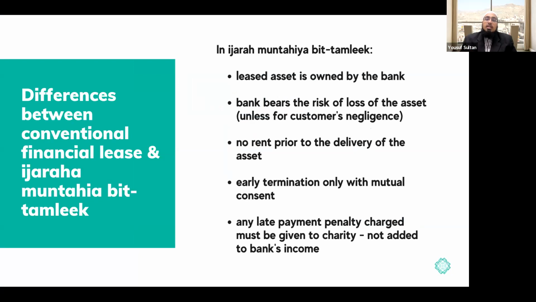However, in an Ijara Muntahiya bit Tamlik, just like any other Ijara contract, the asset has to be owned by the bank. If the ownership is not with the bank, it cannot take the rental of the asset. So this is a very basic rule in Ijara. Then, because the ownership belongs to the bank, it must bear the risk of loss of the asset.